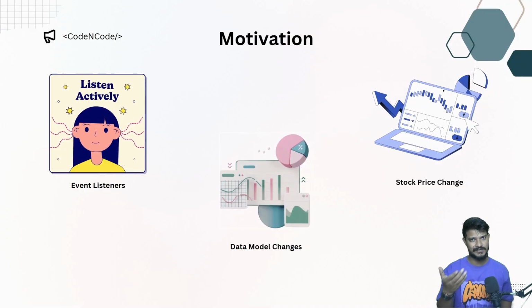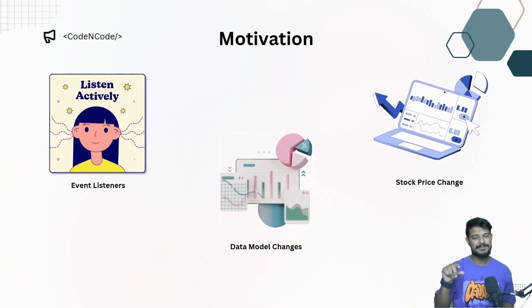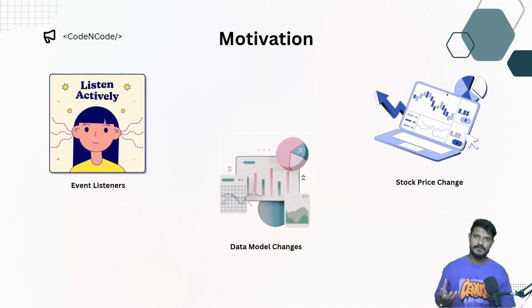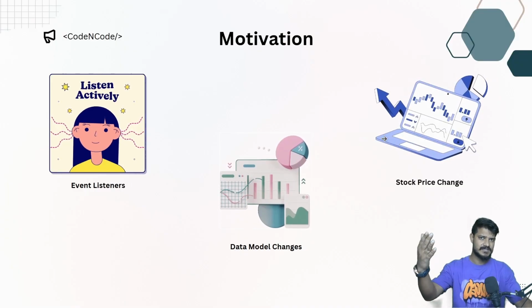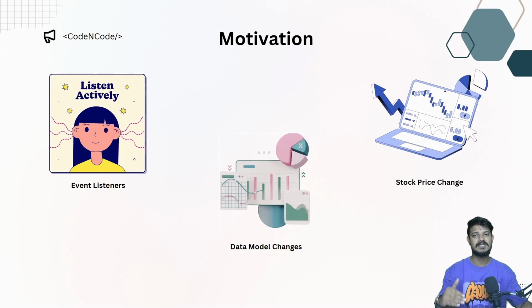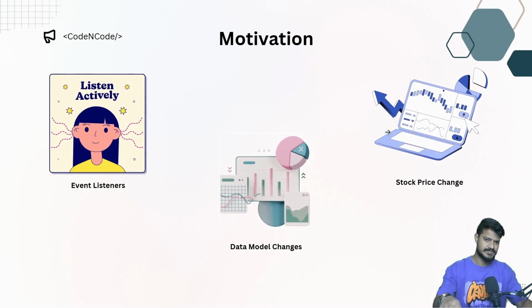For example, the chart gets updated. The real-time price of the stock gets updated, the GUI element too. So a lot of things get updated when a stock price changes. So the stock is the subject, and whatever things get updated need the updated price.